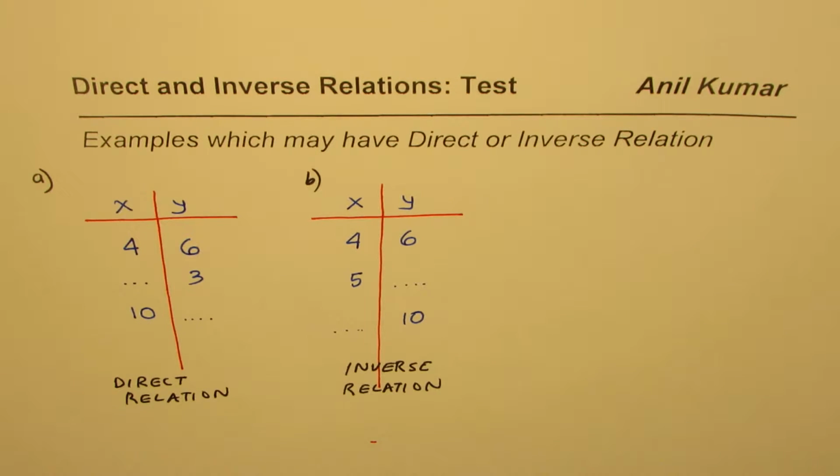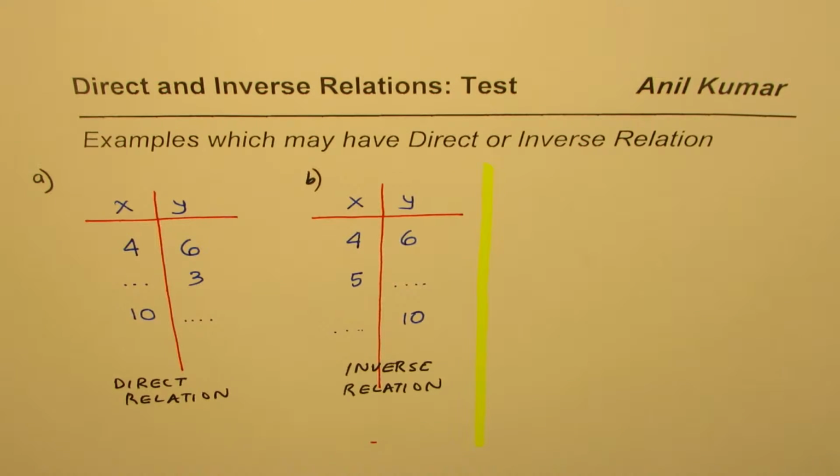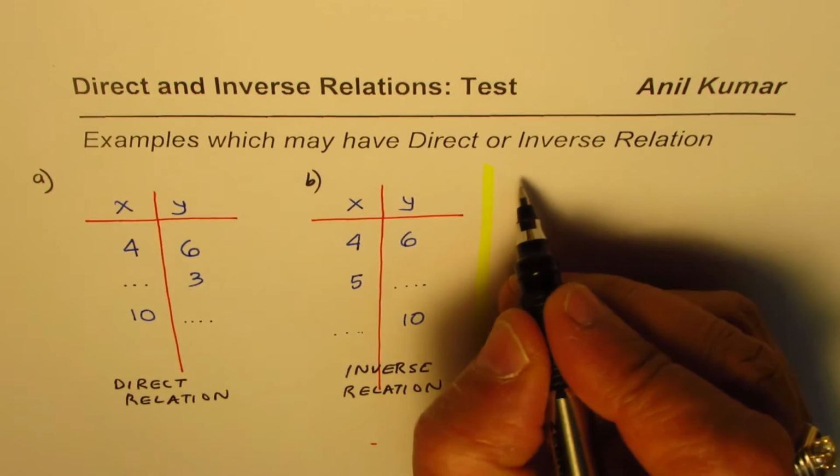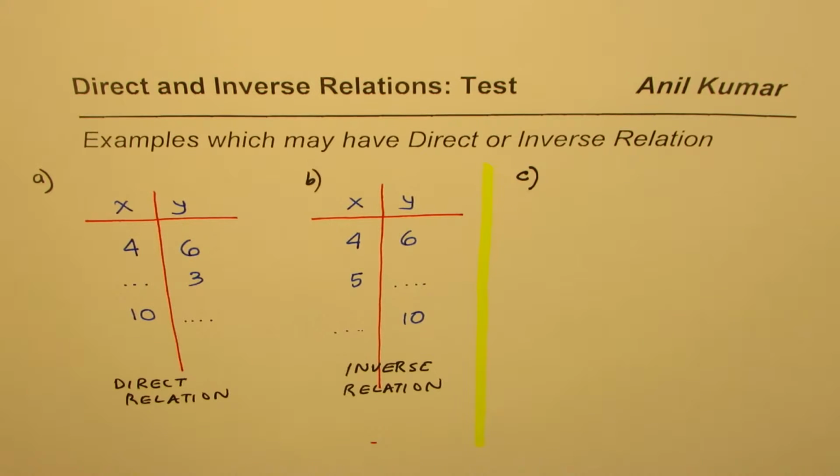You need to fill up the values in this table to ensure that it is, as given, a direct relation or an inverse relation. So these are two questions for you based on tables. And here is another question. Now in this question, look at the graph.